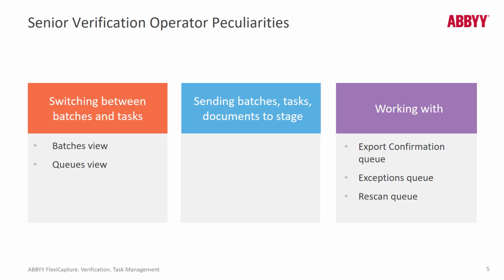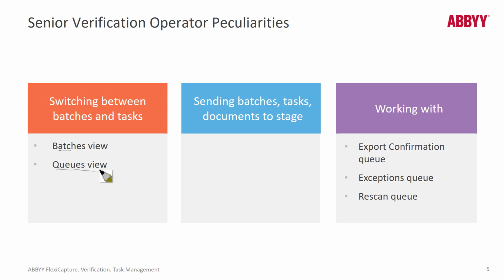Senior verification operators have some extra capability. If you're a regular verification operator, you really can't cherry pick. But a senior verification operator has more power, and they can switch between task and batch view, and that will allow them to see more in batches view, and then they can drill down and see more information in queues view.